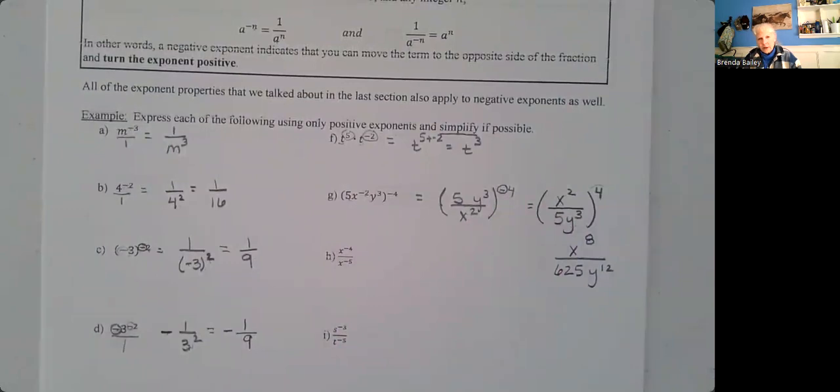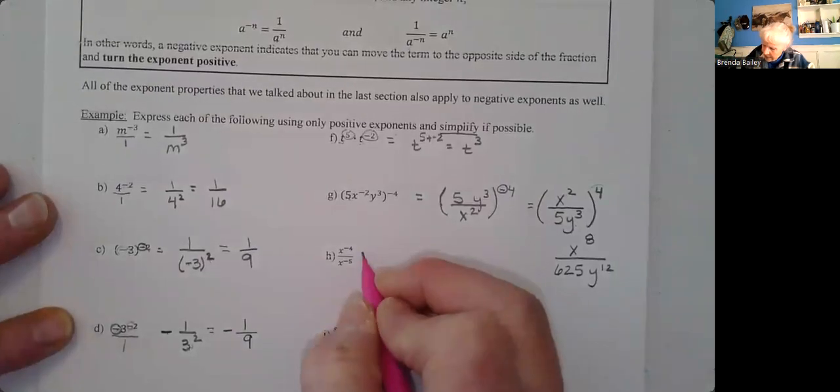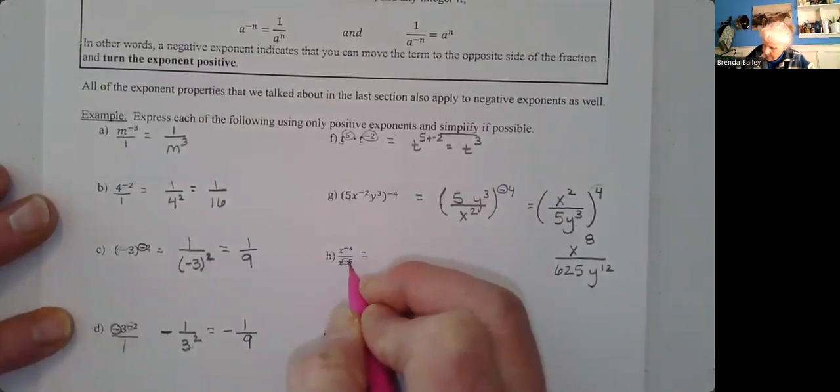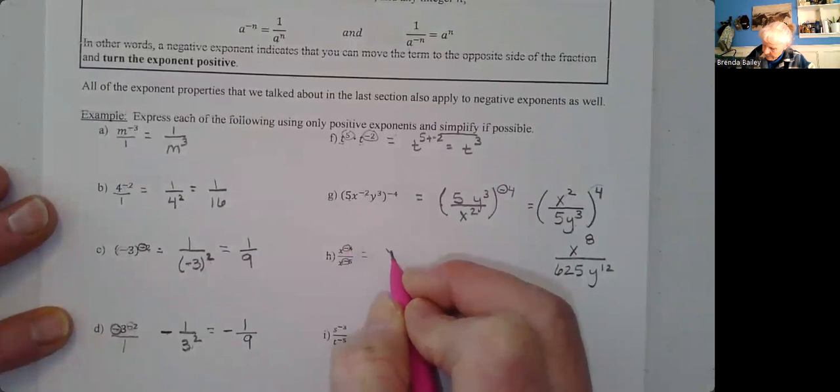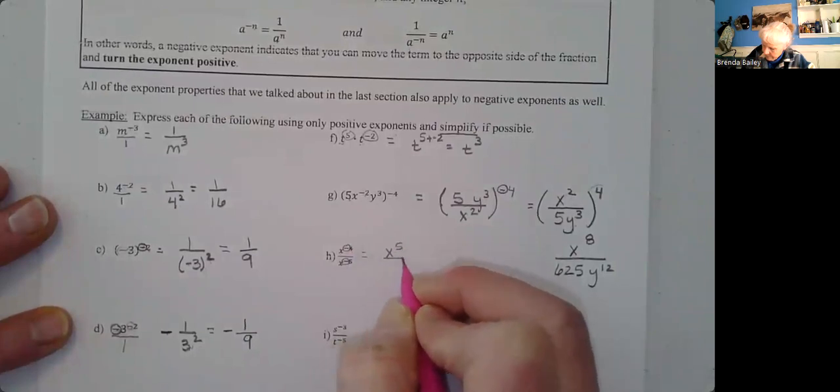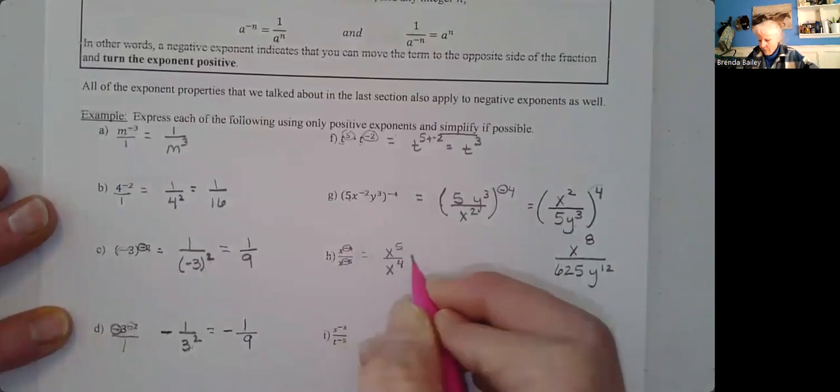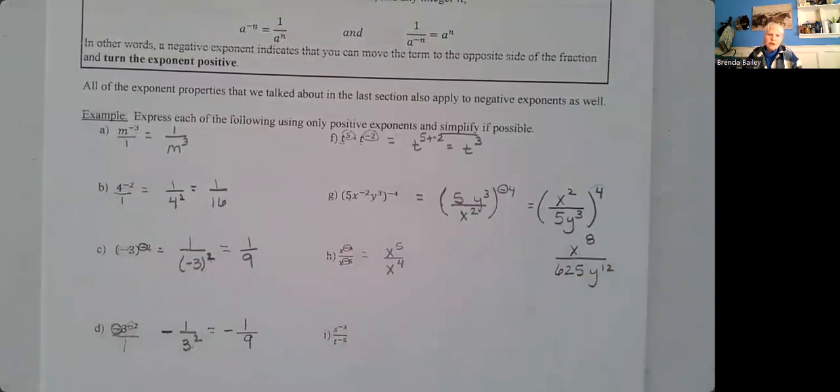Okay, let's look at this one. There's a couple of things you could do. Looking at this, I would get rid of these first, you know, by changing the position of both of them. The -5 comes up and becomes positive. The -4, it'll come down and become positive.